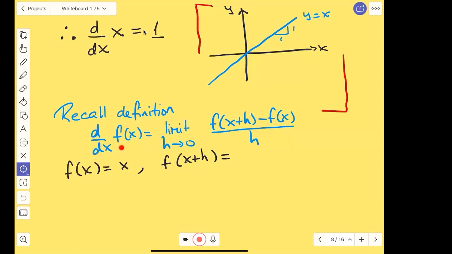The derivative of f of x is the limit as h goes to 0 of the function evaluated at x plus h minus the function evaluated at x divided by h. So the function is y is x, so f of x is x. So what is f of x plus h, please?